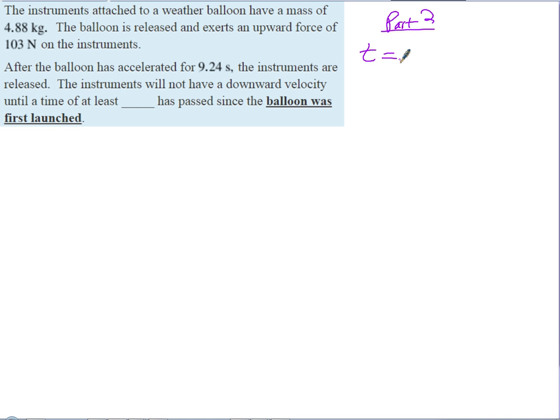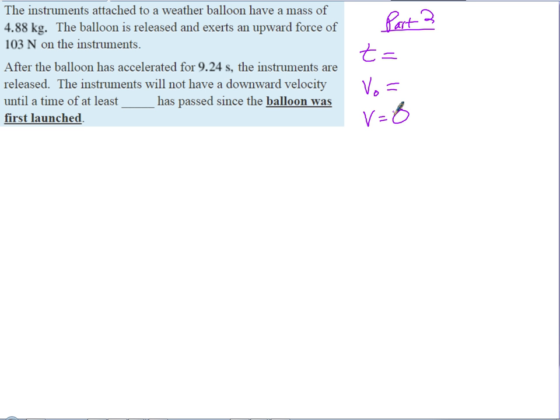What are we given, or presumably can we find from part 1 that we can add to this list of kinematic quantities for part 2? Okay, so the initial velocity for part 2, where do we get that? Yeah, the final velocity from part 1. Good. And then what's our final velocity going to be? You already told me. 0.